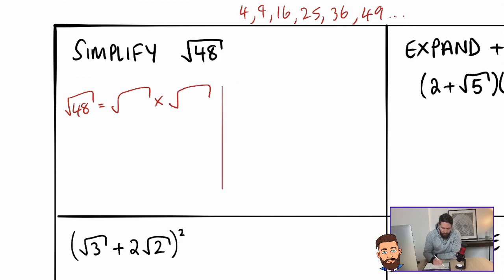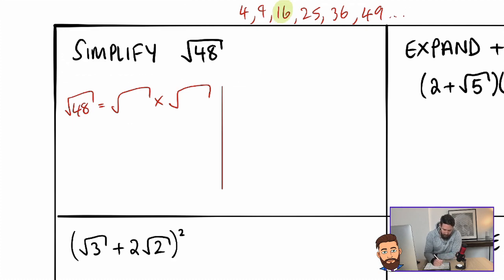Recalling that one of these surds needs to be a square number, and preferably the biggest square number you can find. So if we're looking at 48, we need to think which one of these square numbers go into 48, preferably the biggest one. The biggest one would be 16.